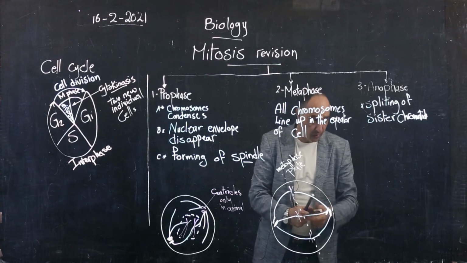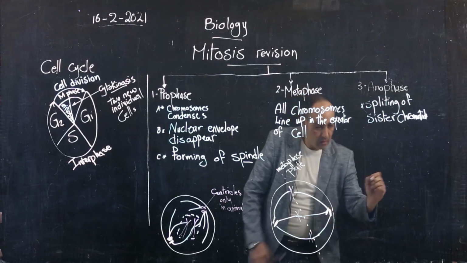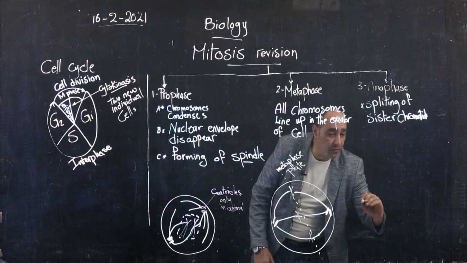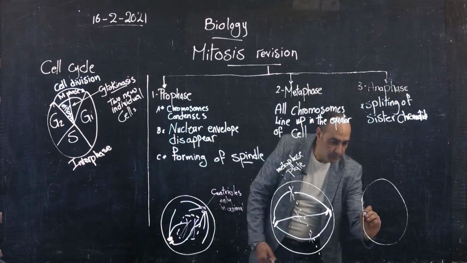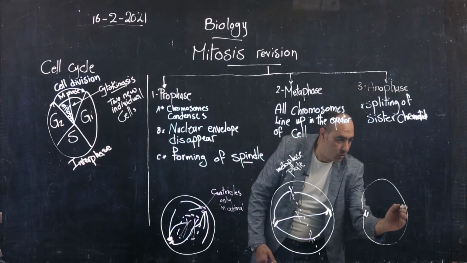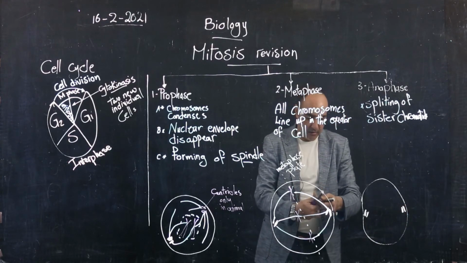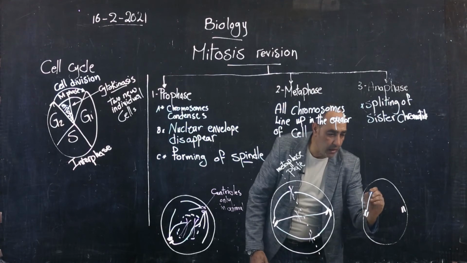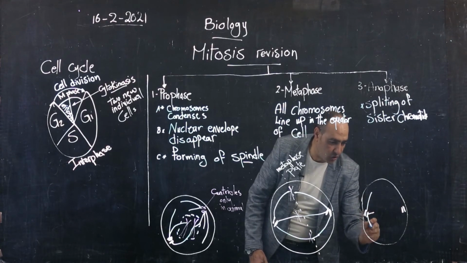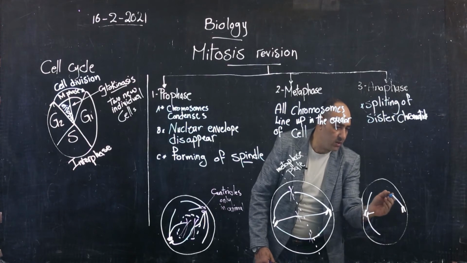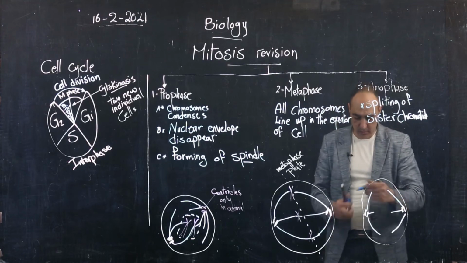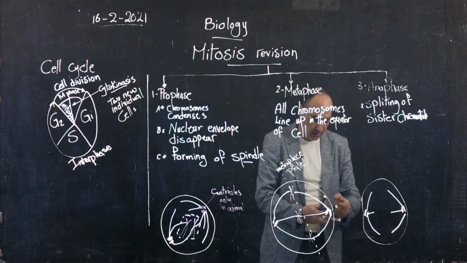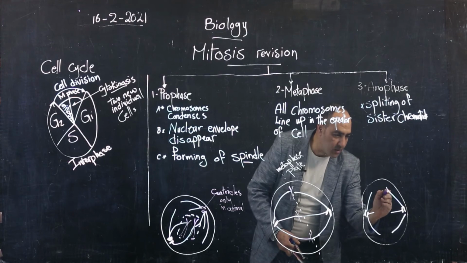So if we have the cell like this here, this is how the cell will appear in the anaphase. These are the centrioles of the cell, and the spindle fibers, which are attached to the sister chromatids, will become short and pull each sister chromatid to one pole of the cell.